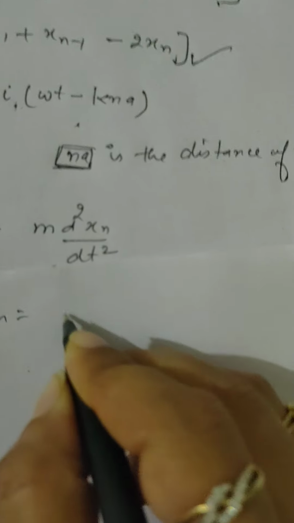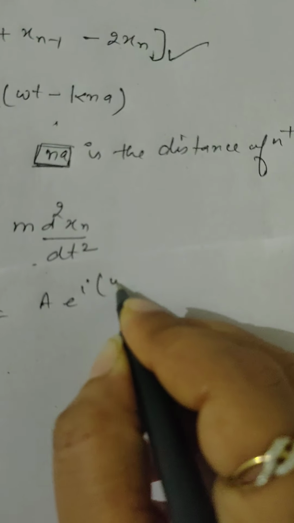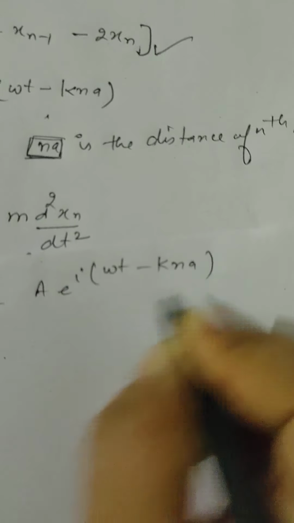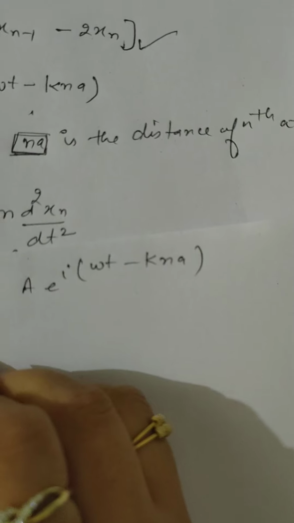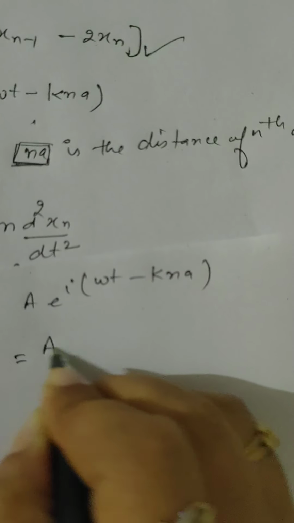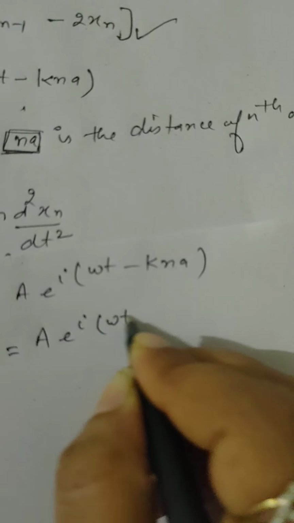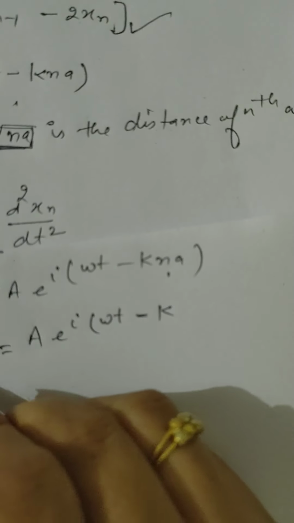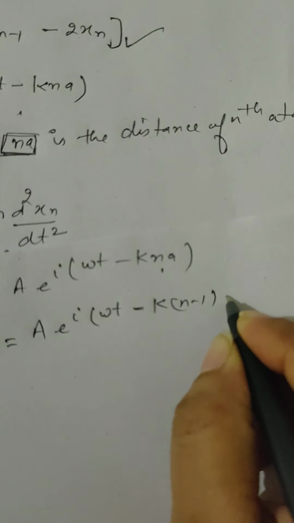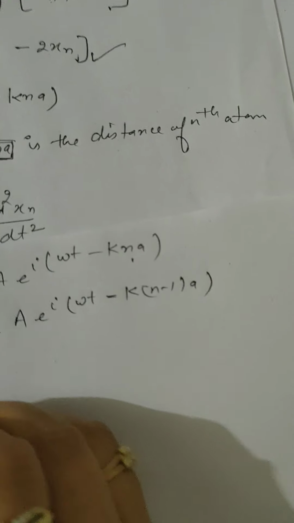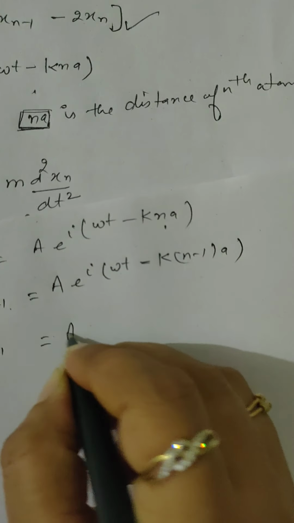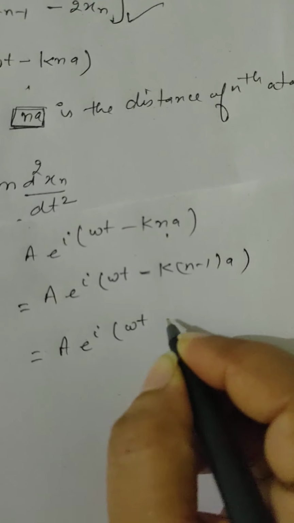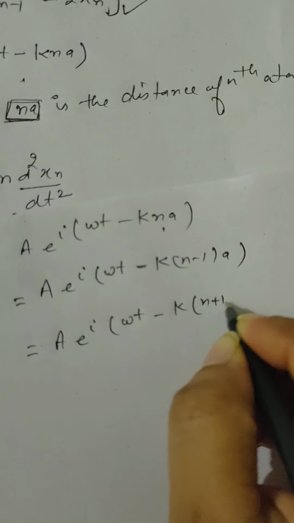xn is equal to a e raised to power iota omega t minus kna. Similarly, for xn minus 1 it will be a e raised to power iota omega t, n will be replaced by n minus 1 into a, and for n plus 1 it will be a e raised to power iota omega t minus k n plus 1 into a.